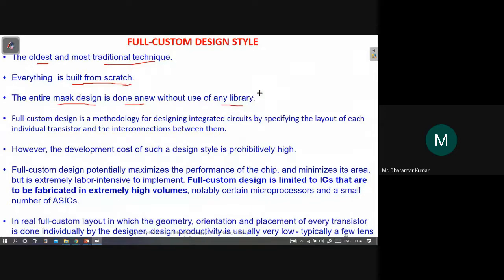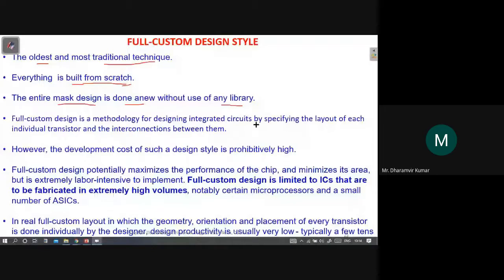You will design the components of the library, and then after designing the library, you will use those components to design the whole system. So everything is built from zero. There is nothing assumed to be available. That's why this kind of approach is a very long and tedious task. It costs a lot.